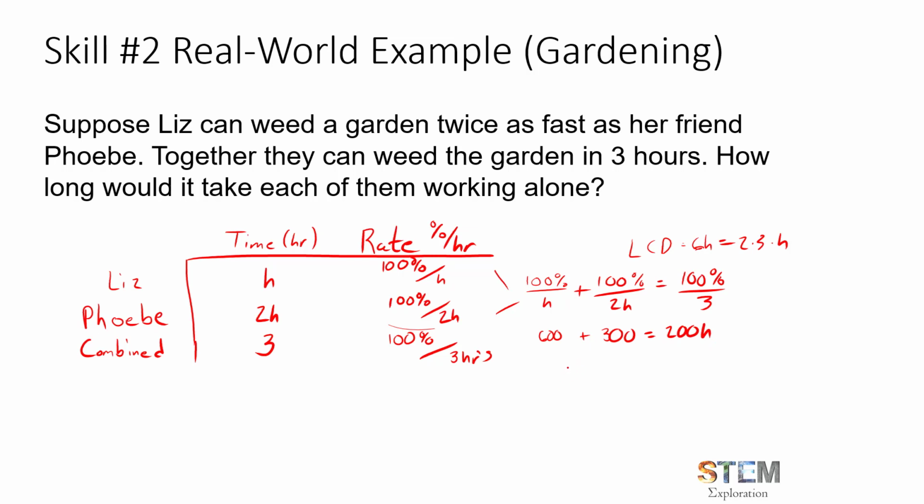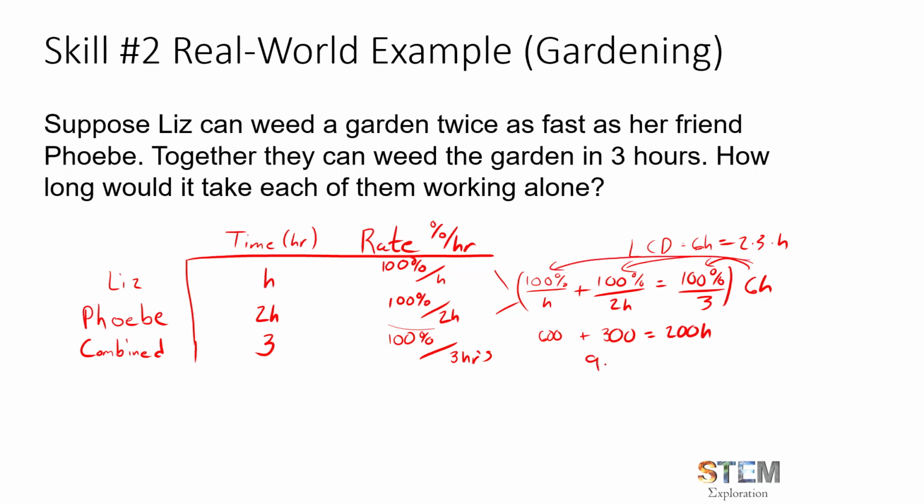What's nice about this is that we just multiply the whole thing by the least common denominator, and this 6h just gets distributed to all the terms. Whatever you do to one side of the equation, you have to do to the other.